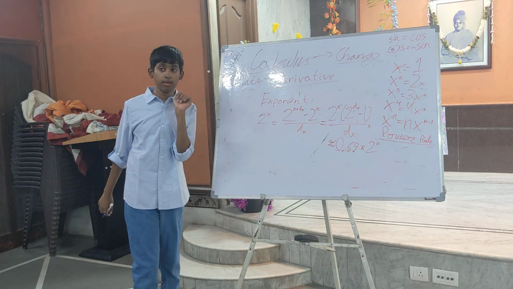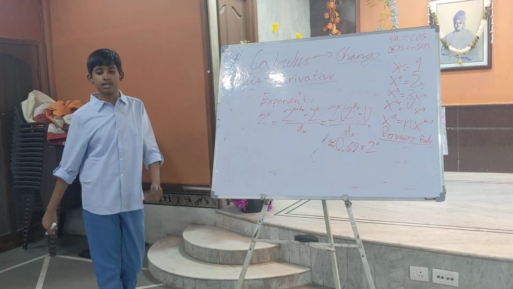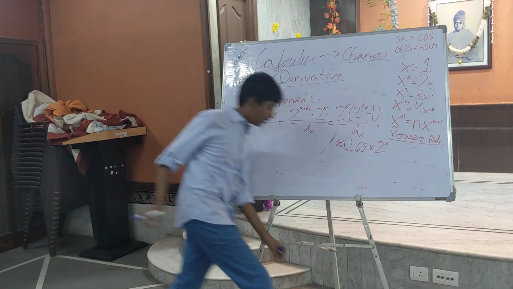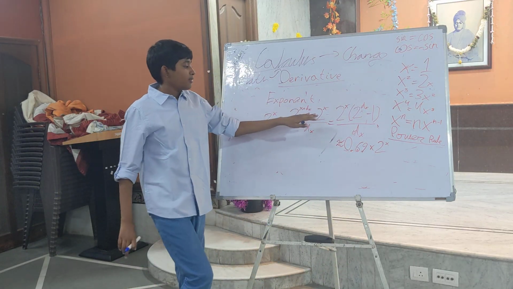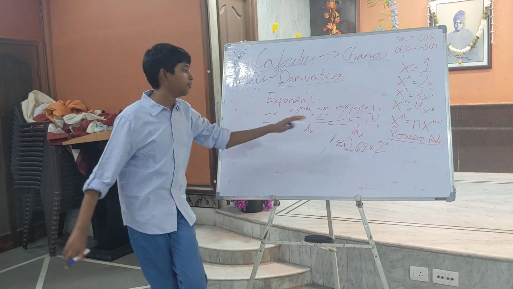Now you may wonder, where does this 0.69 come from? What is this value? What you can do is solve this for other values. You don't have to do 2 to the x and put 2 here.